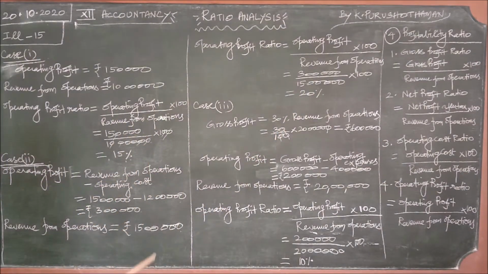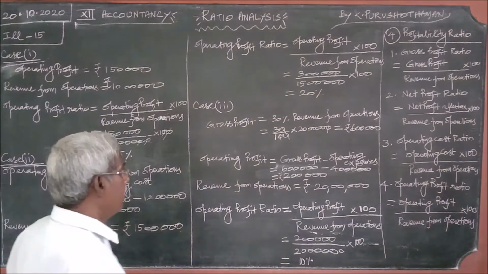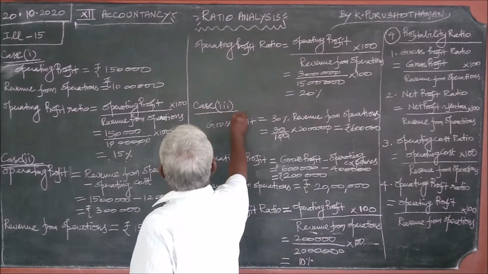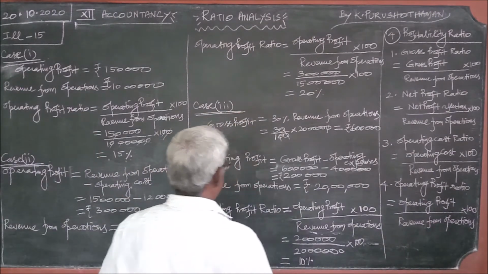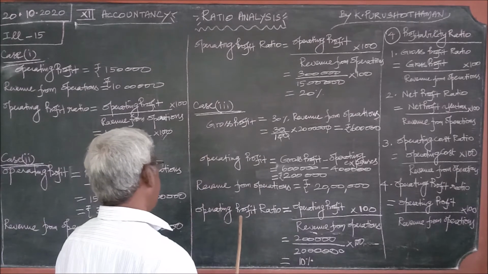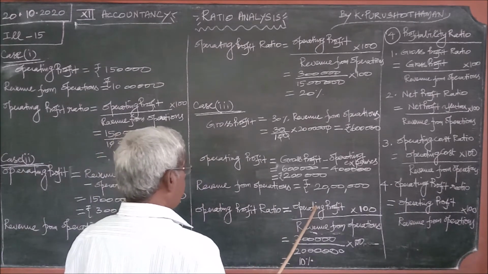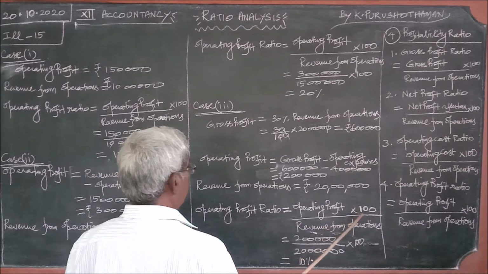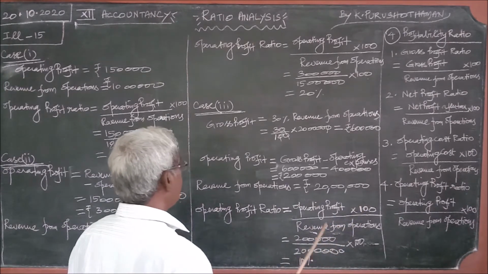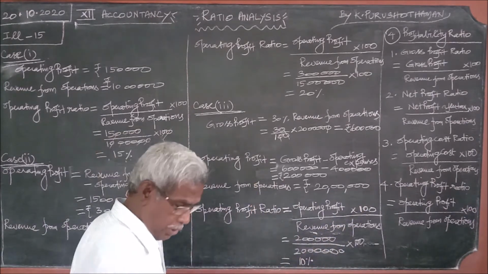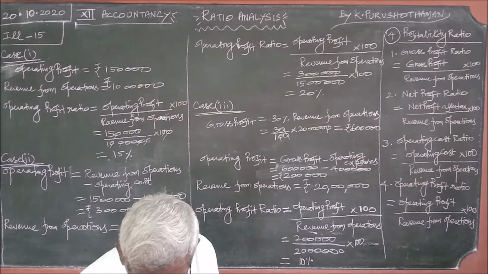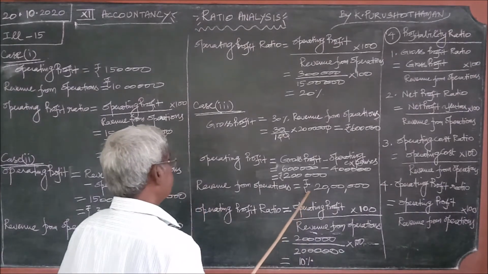In case 3, what is given there? The same formula, operating profit ratio is equal to operating profit by revenue from operations into 100. Revenue from operations as usual in case 3 is given as 20 lakhs. Good.